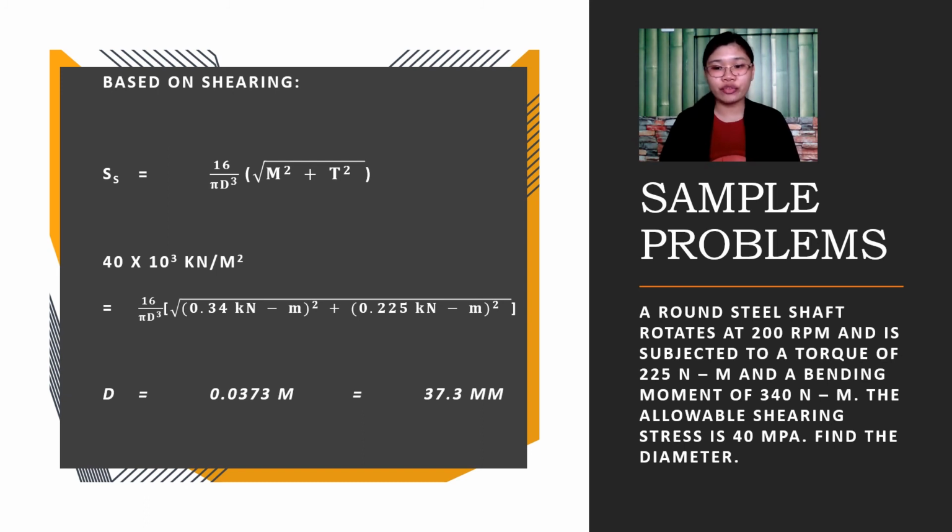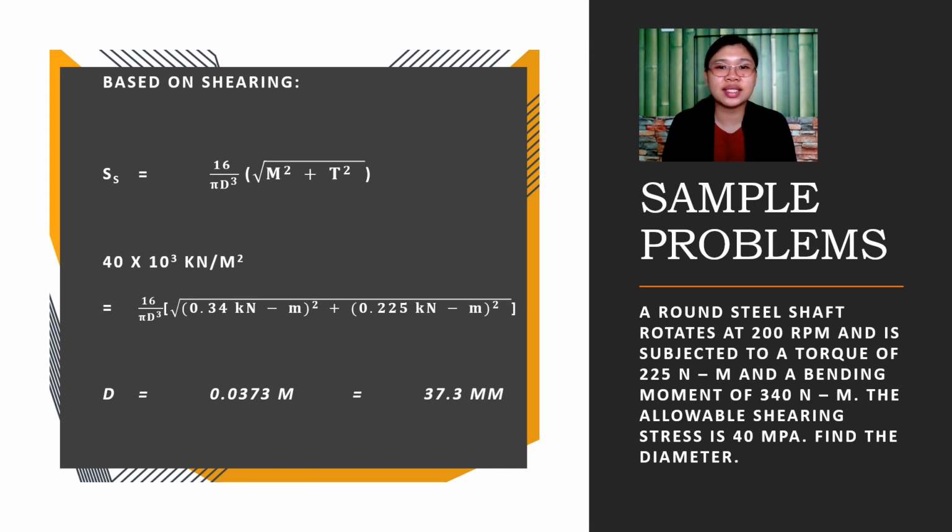We are provided with the allowable shear stress, that is Ss. Since we are provided only with the shearing stress, we need to use the formula for the shearing stress. That is 16 over pi d cubed multiplied by, since this is torsion and bending stresses, we have to use the given moment and the torque.